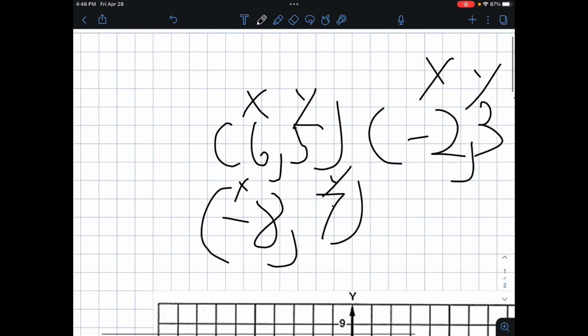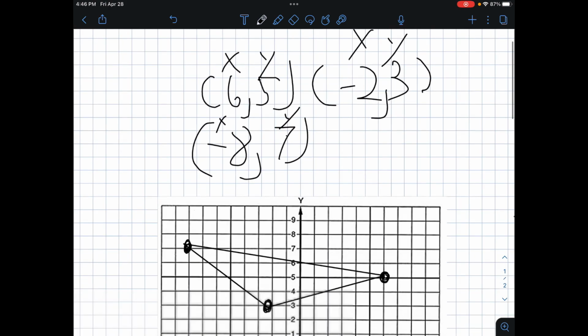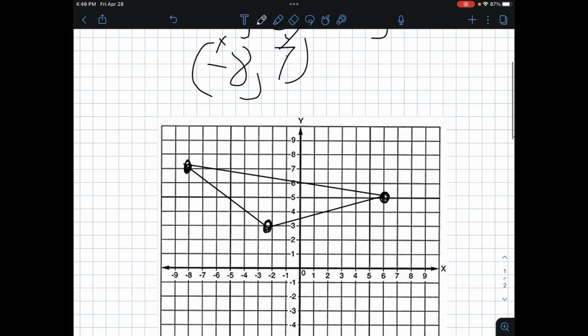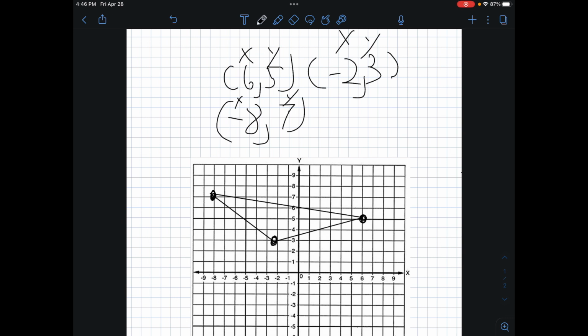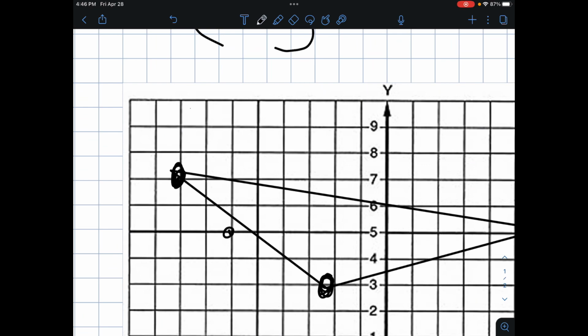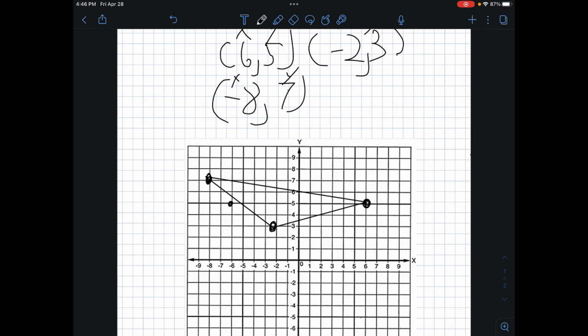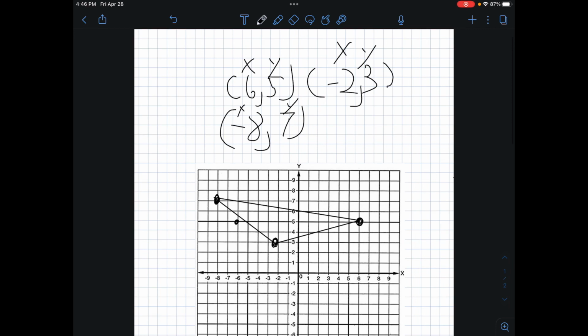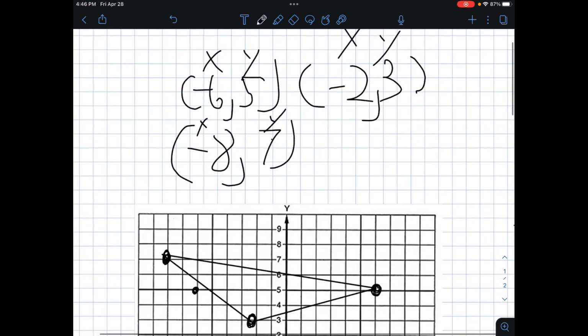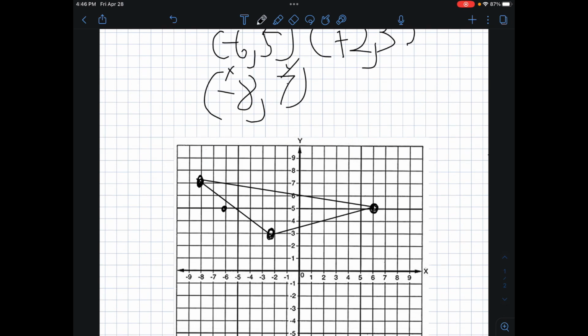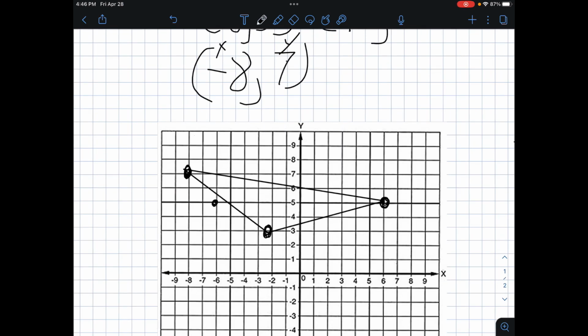Now let's go ahead and make all of our x's negative. So instead of 6, 5, we have -6, 5. That point's a bit too big. There we go. So -6, 5 now. Instead of -2, we now have +2, so 2, 3.